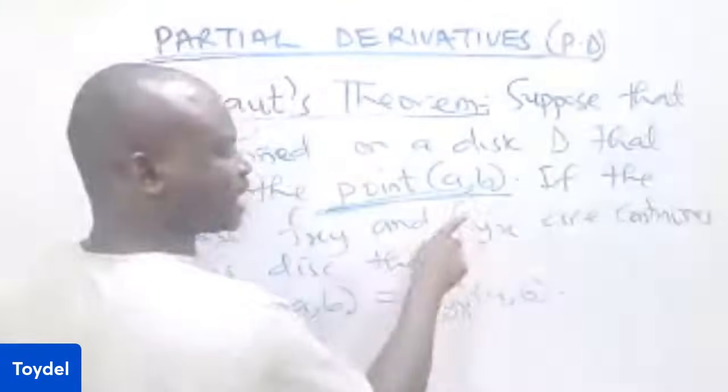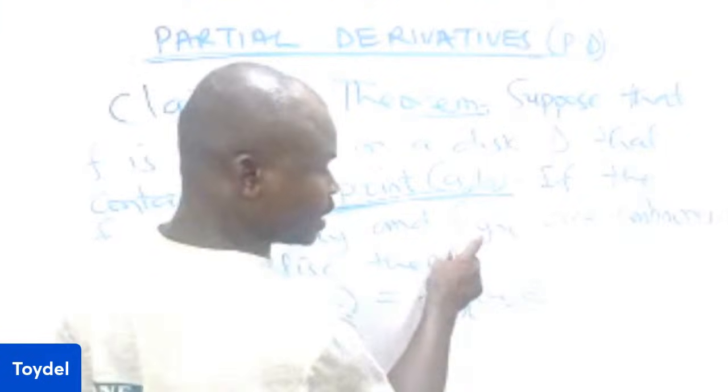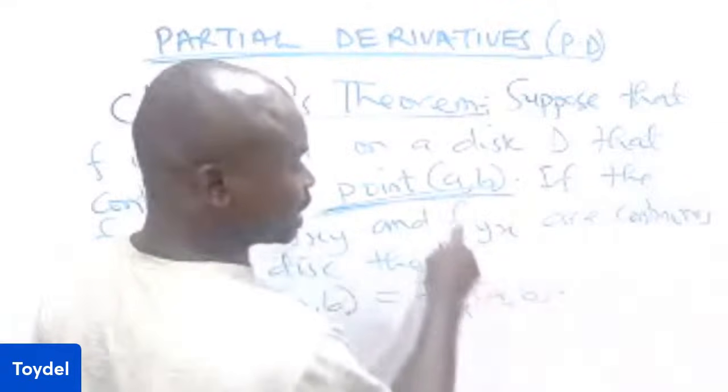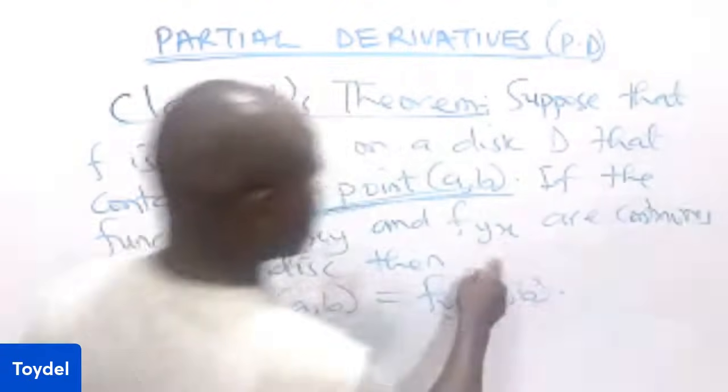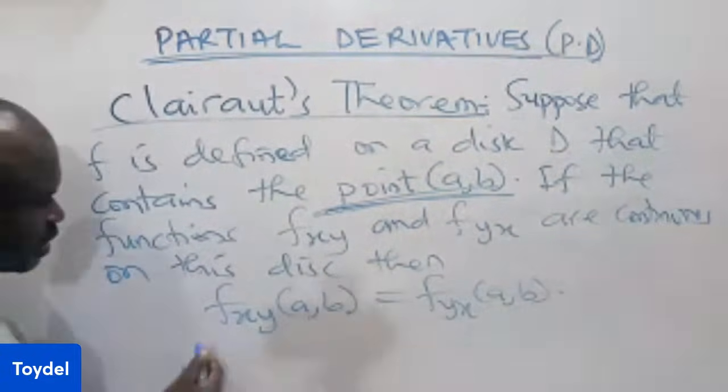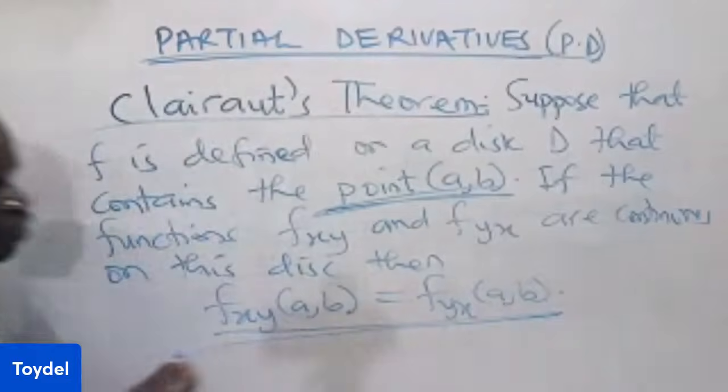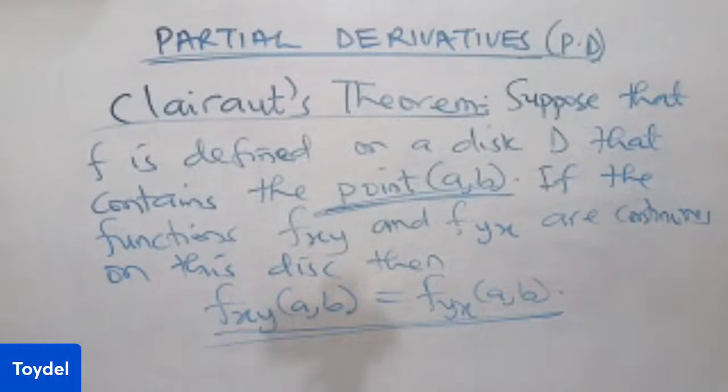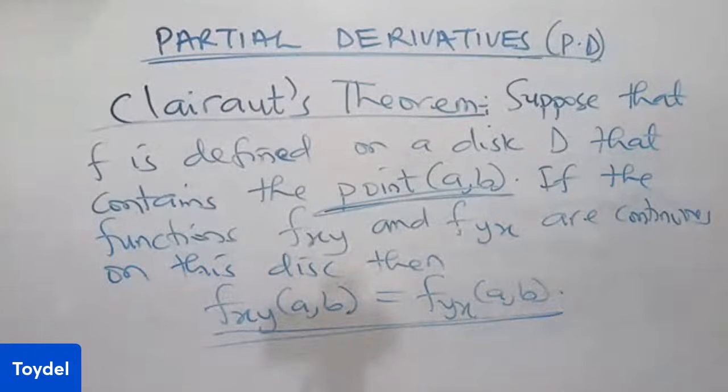And if we first take the partial derivative of f with respect to y, and later take the partial derivative with respect to x, and both are continuous on this disk, then this result holds. So please take note, under partial derivatives, the second partial of f over dx dy is the same thing as the second partial of f over dy dx. This is the theorem that guarantees that.